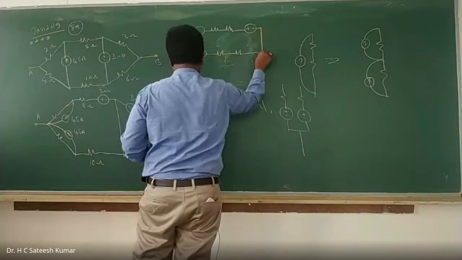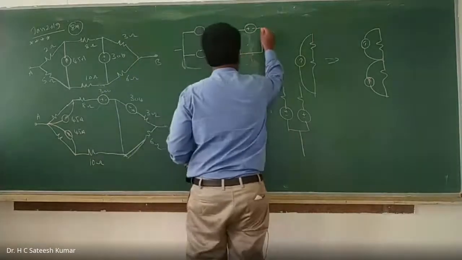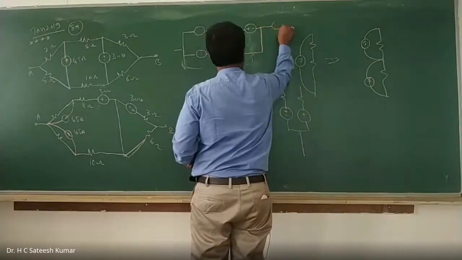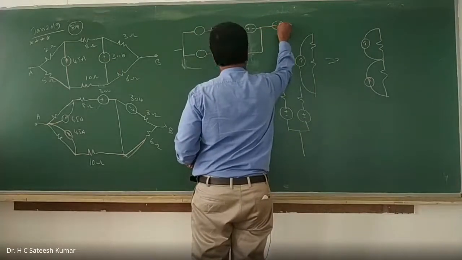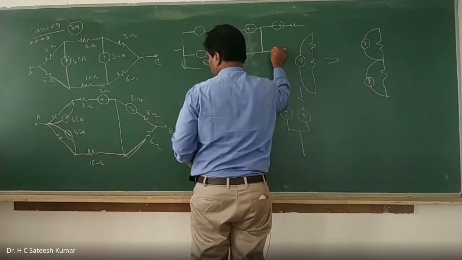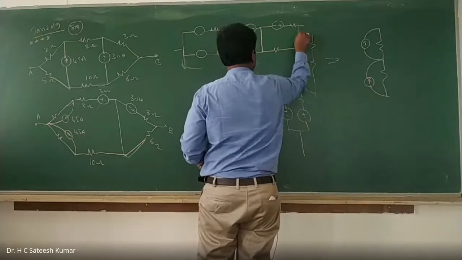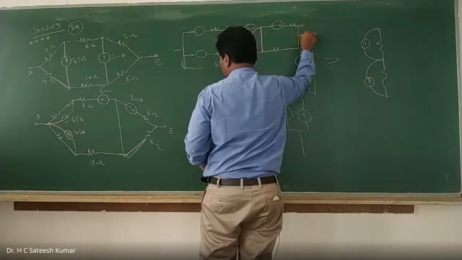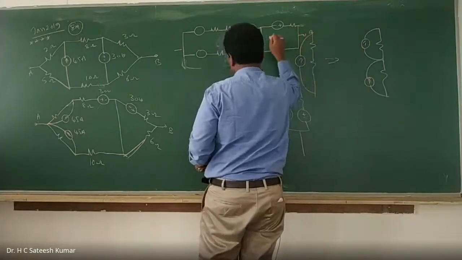This is shorted. And next, this will be a voltage source, minus plus, a resistance and one more resistance. It is connected to a common point. So I just changed the shape, that's all.